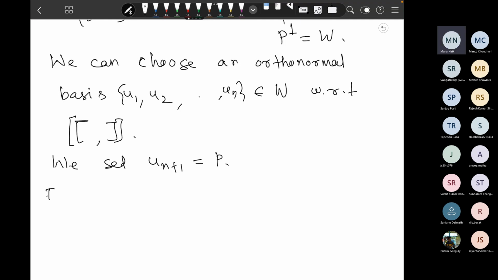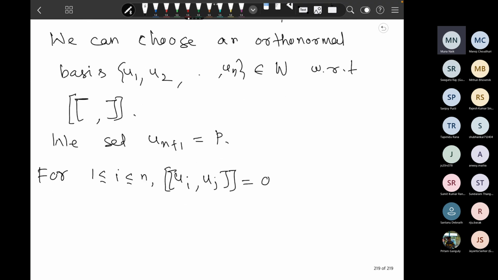Now, for 1 ≤ i ≤ n, this thing is really good. So <ui, u> is equal to 0, right?